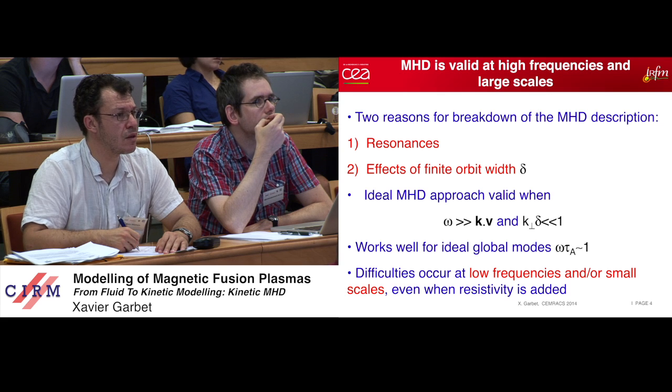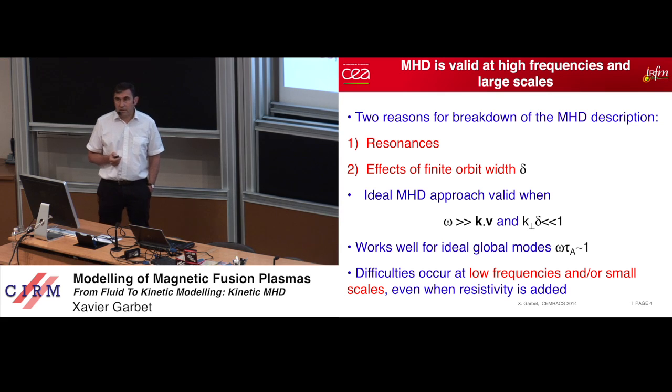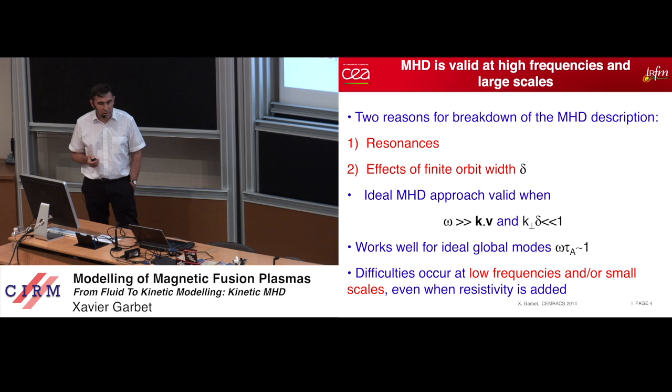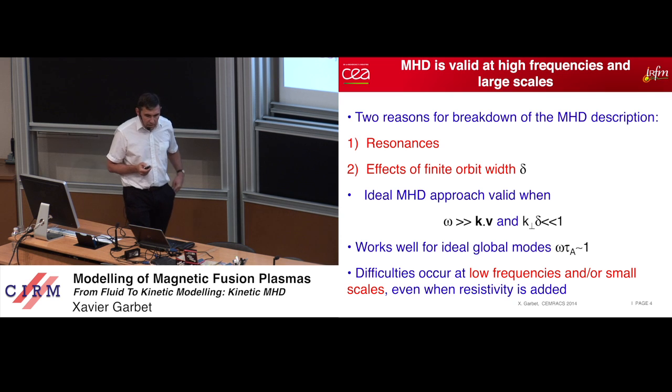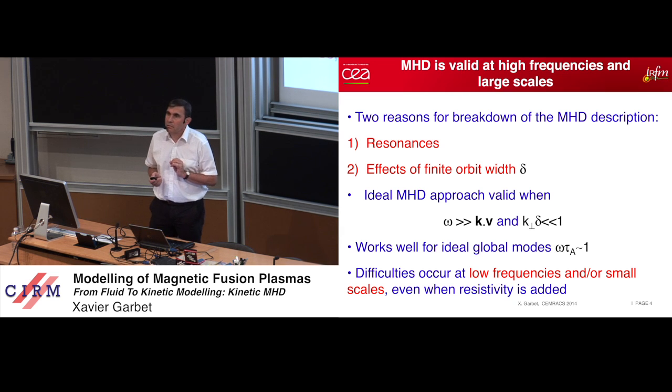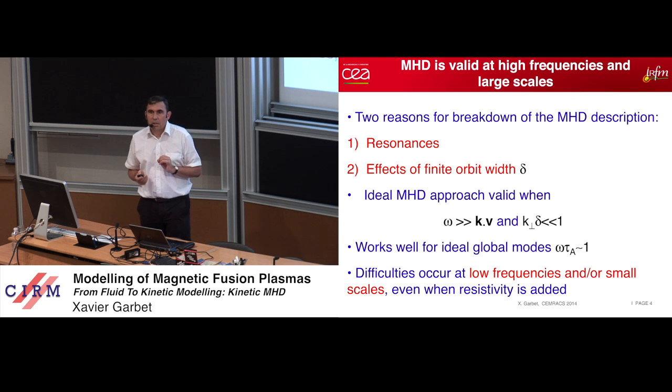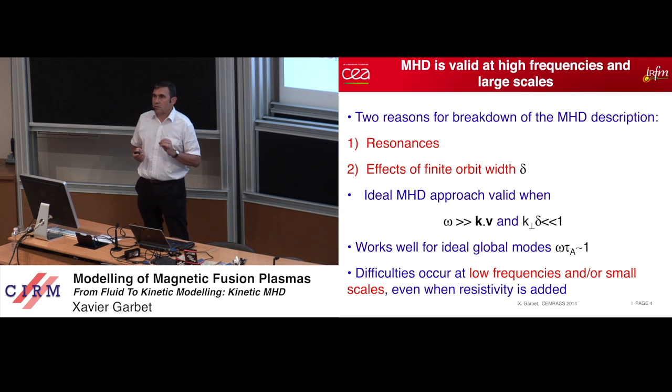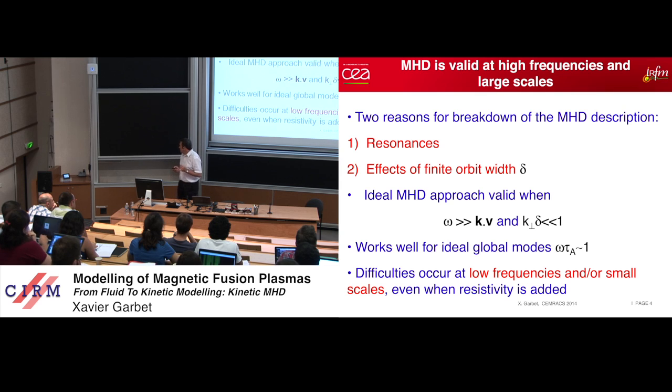Okay. Now, there is another case where MHD may not work, which is a case where the width of the orbits is of the same scale or larger than the scales associated with the mode you're looking at, right? And this is quite easy to understand.